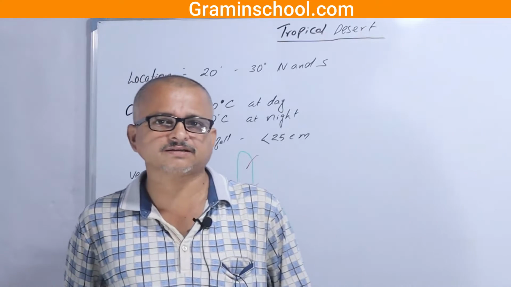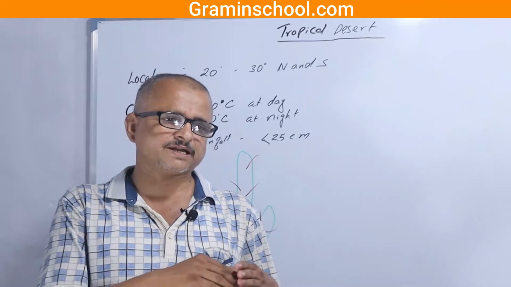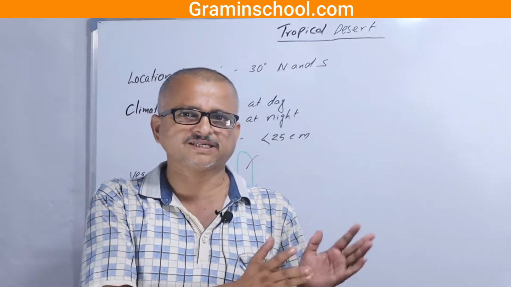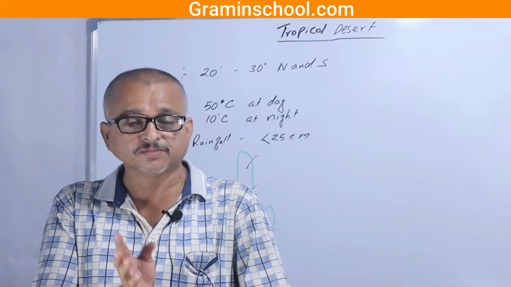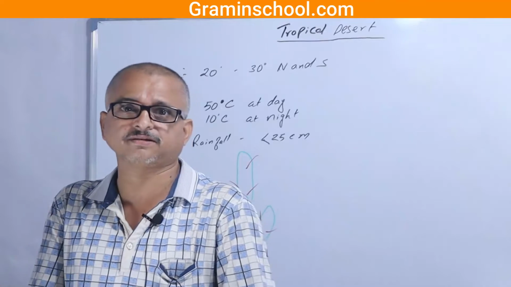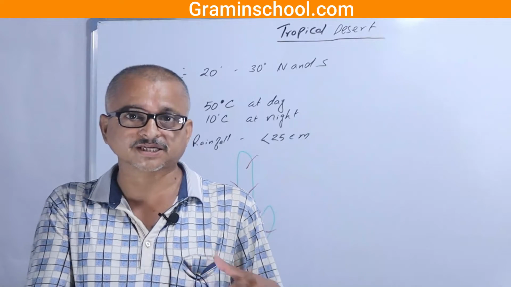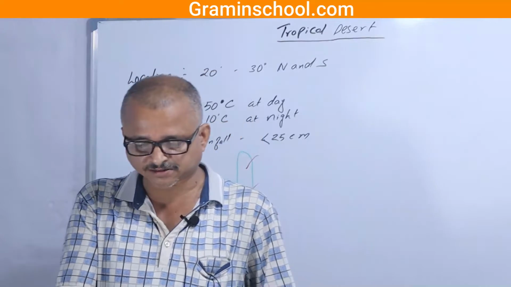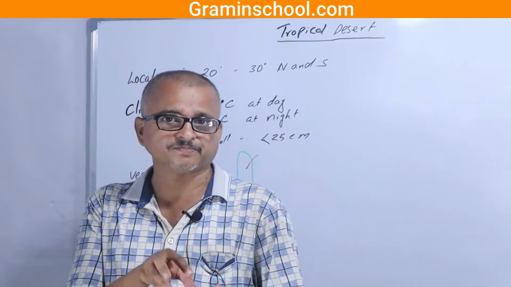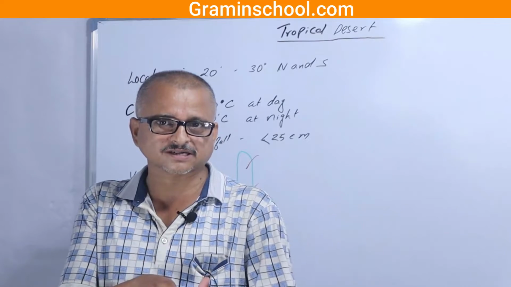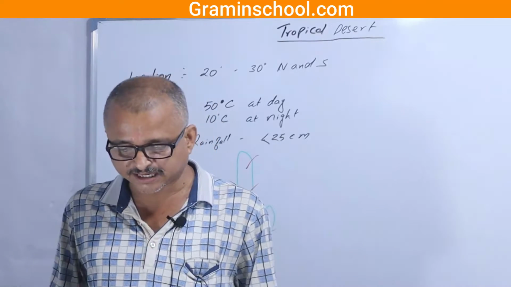The names of the rain-bearing wind might be different: Westerlies wind is a rain-bearing wind, and the summer monsoon wind is a rain-bearing wind, and that wind makes rainfall, so it is known as a rain-bearing wind. So in the middle part of the continent, the effect of that rain-bearing wind is less.